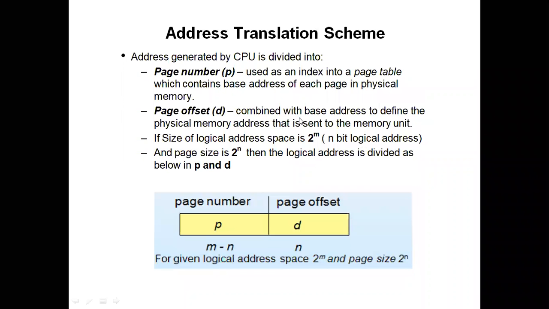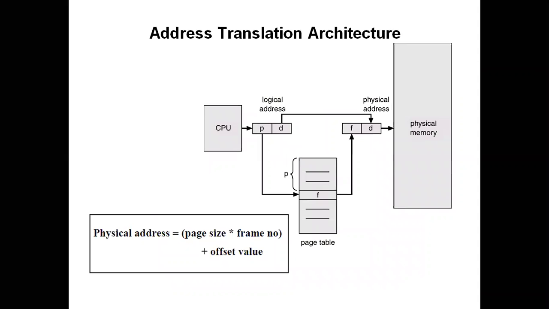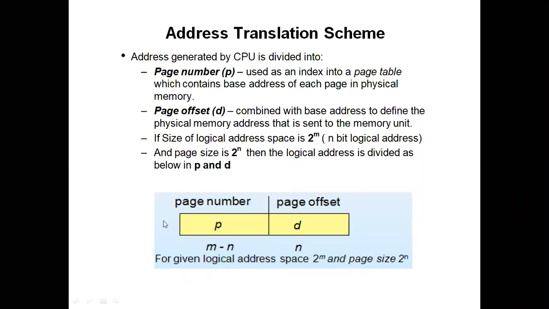Now once we have done that, we have to decide how the addresses are translated from the logical address space to the physical address space. Suppose I say the size of the logical address space is 2 raised to power m. 2 raised to power m is the size of the logical address space.